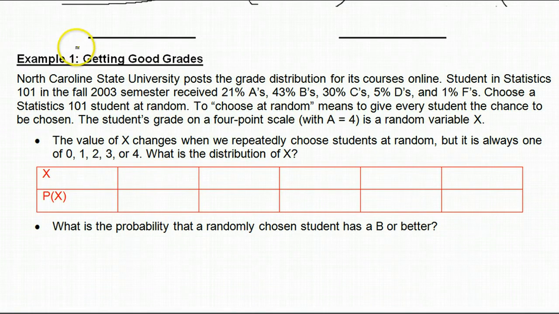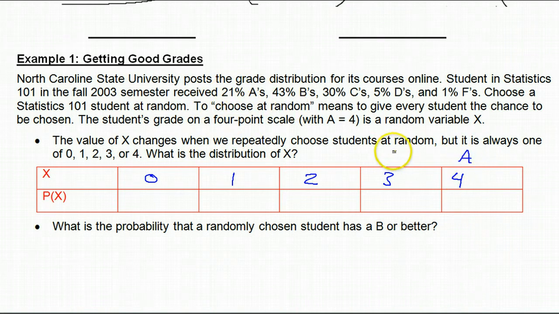Okay, so as you recall from the notes, example 1 was pretty easy to set up. They gave you the possible x values right there: 0, 1, 2, 3, and 4. And they gave you the percentages of each one.